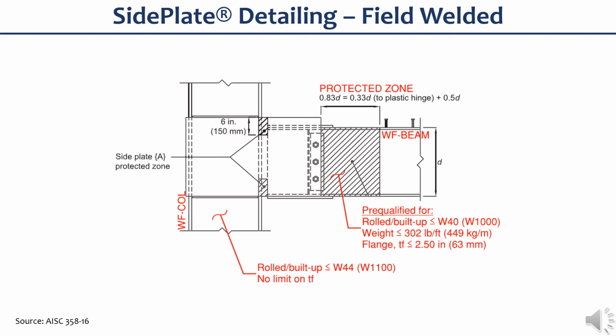For the column part of the SMF, WF sections are limited to W44. However, the weight and flange thickness are not limited. Now, the protected zone in this connection includes the beam area from the vertical edge of the side plate to a distance equal to 83% of the depth of the beam that is away from the column flange.